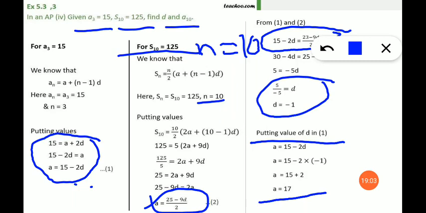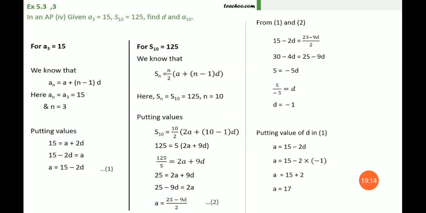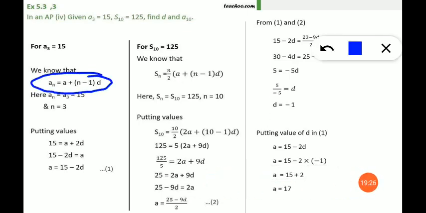So now we know a also, we know d also, n is also known to us, 10, and hence we can easily find out a10. So students, quickly find out a10, and you know which formula you have to use. You have to use the formula an is equal to a plus (n minus 1)d.